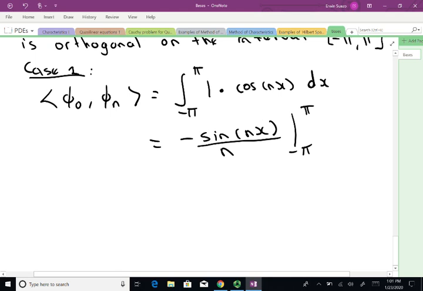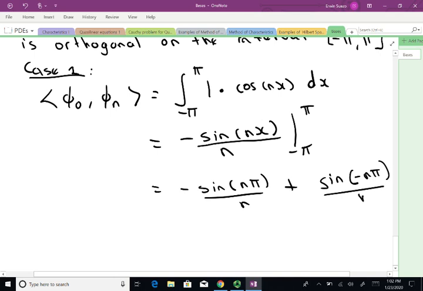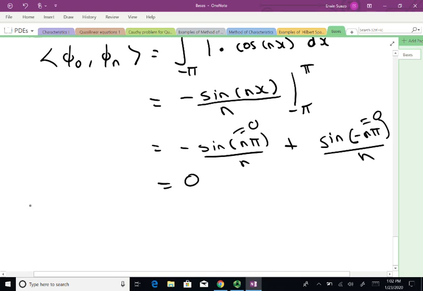When I plug in pi, I get sine n pi over n plus sine of minus n pi over n. Either way, this is 0 and this is 0, so I get 0.